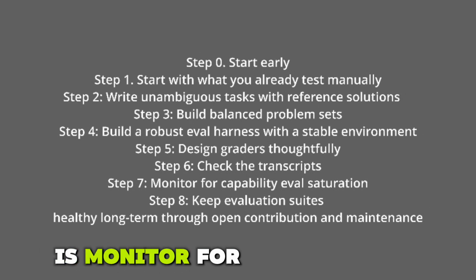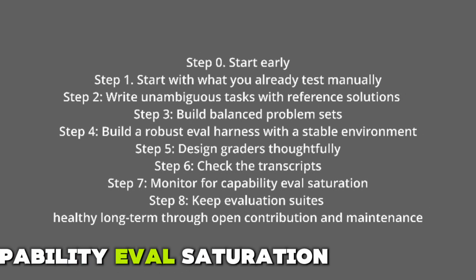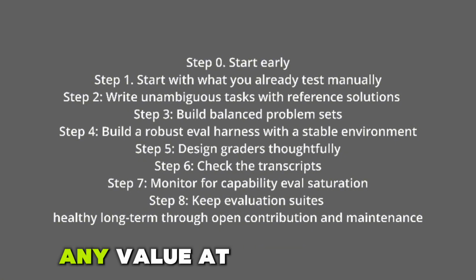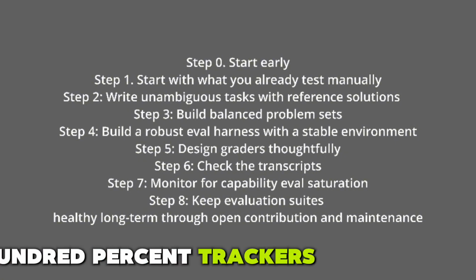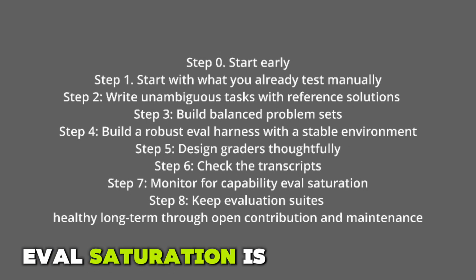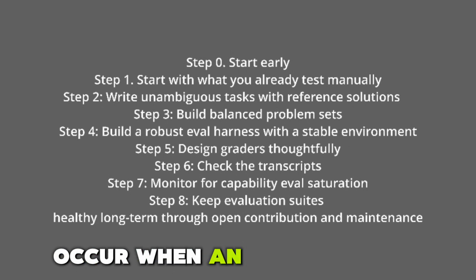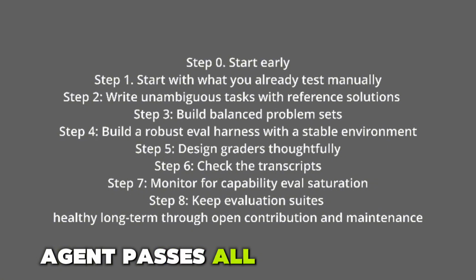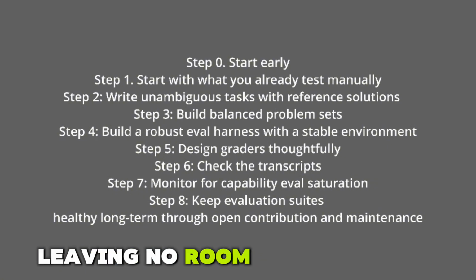Step 7 is to monitor for capability eval saturation. An eval at 100% tracks regressions but provides no signal for improvement. Eval saturation occurs when an agent passes all of the solvable tasks, leaving no room for improvement.